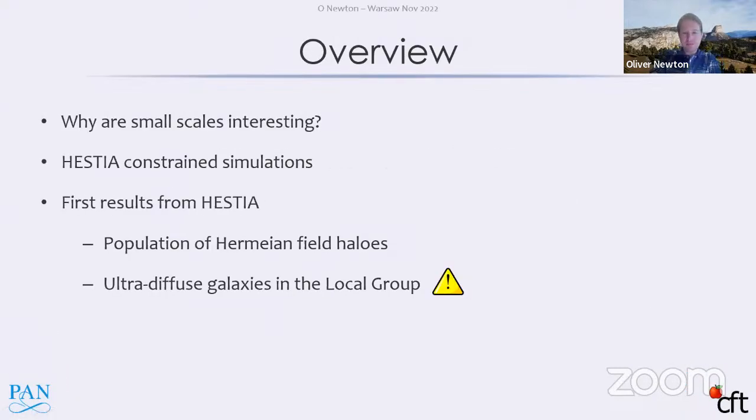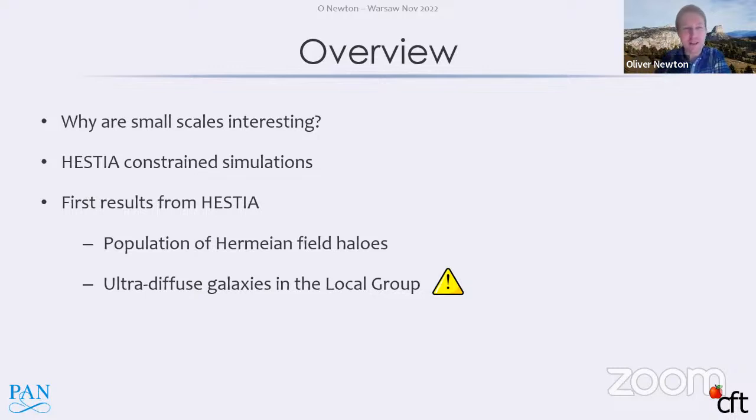So by way of an overview, I thought I would kick things off by trying to convince you that working at the small scale is an interesting field to study. And I'll introduce you to the constrained simulations themselves. They're called HESTIA. They're a relatively new suite of simulations that were published, I think, about 2 years ago now. So they are relatively new.